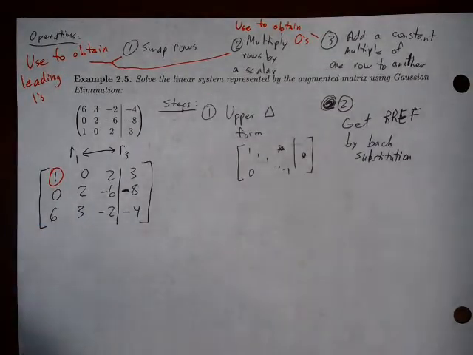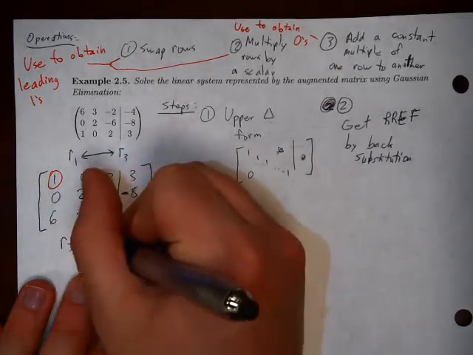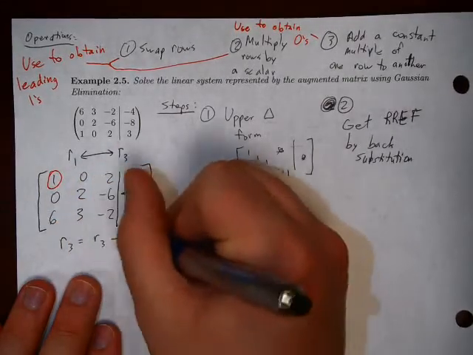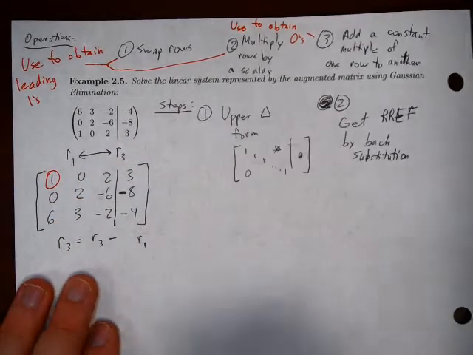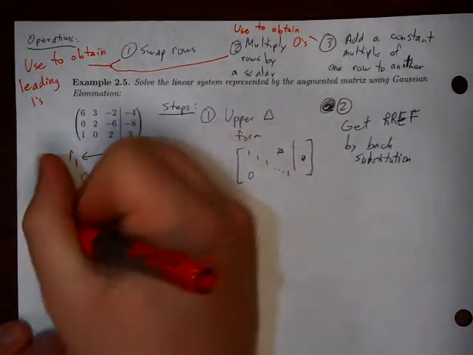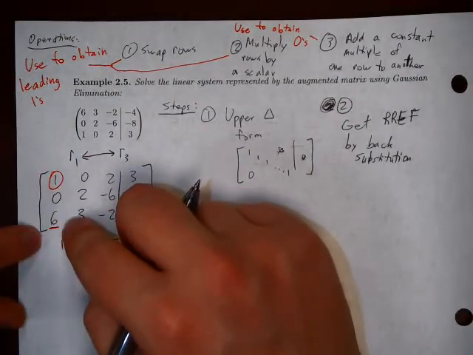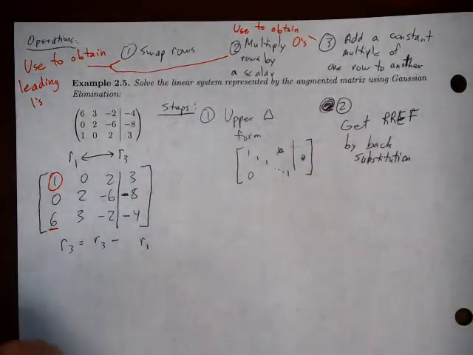In order to get this to be a 0, we're going to take row 3 and make it equal to row 3 minus some multiple of row 1. The reason it's so nice that this is already a 1 is, what do we have to multiply 1 by to get 6? Well, that's easy. It's 6.